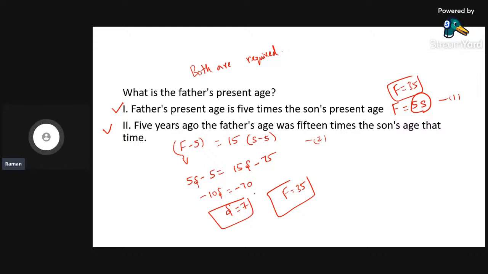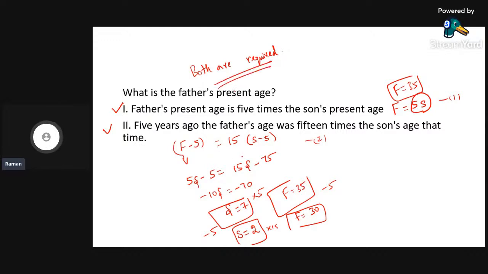Five times seven is 35. Before 5 years, the father was 30 and the son was 2. Combining both the equations, you will get the answer. Both are required.